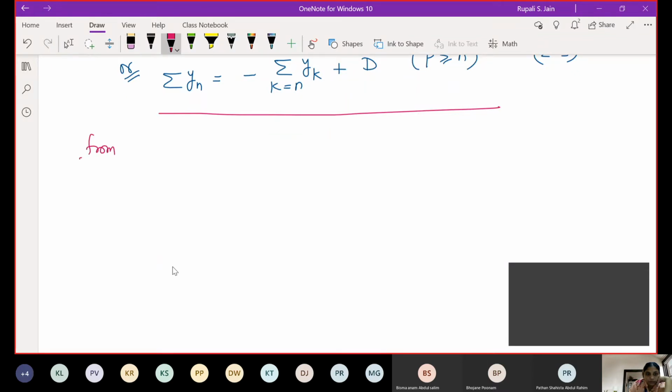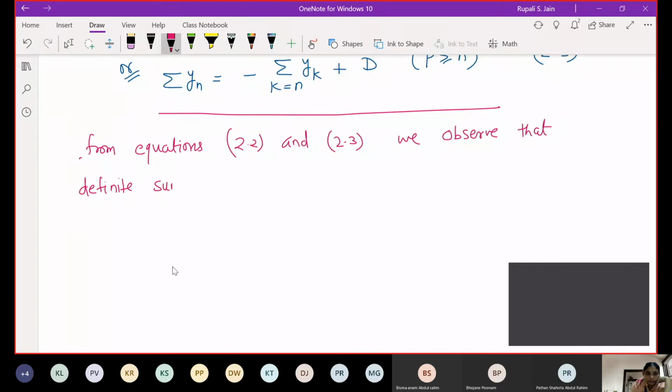From equations 2.2 and 2.3, we observe that definite sum and indefinite sum are related with the relation mentioned in 2.2 and 2.3.